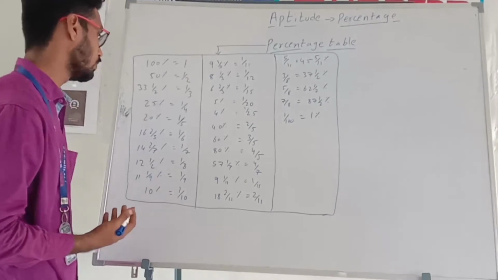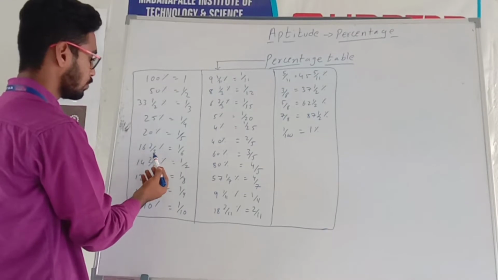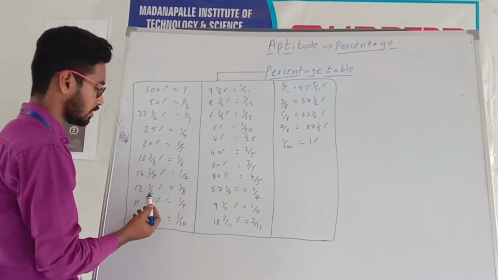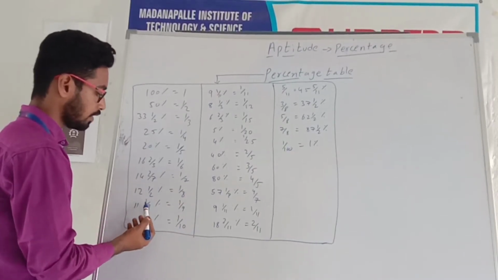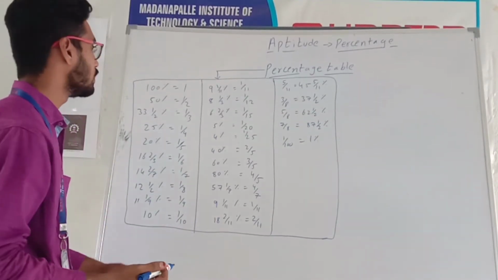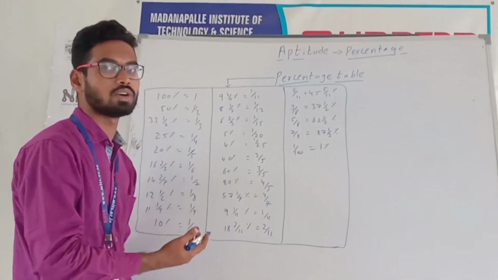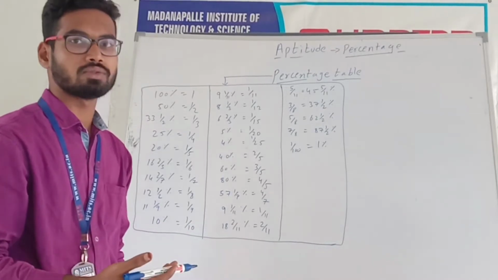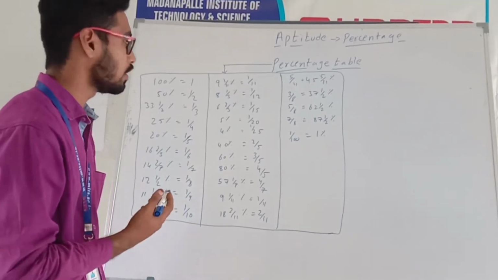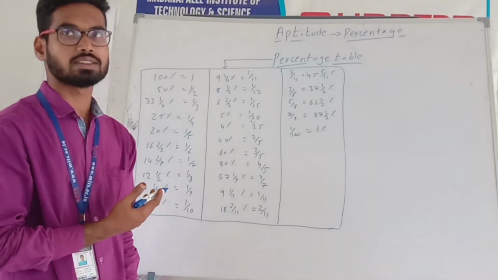Here is my own logic: up to here you can all remember. 2 by 3, means 2 into 3 is 6, and from here onwards 1 by 7, 1 by 8, 1 by 9, and 10% means 1 by 10. I created my own logic by learning these fractions with their percentage formats, and it will be very helpful in any examination or problem you solve, since it can save time.